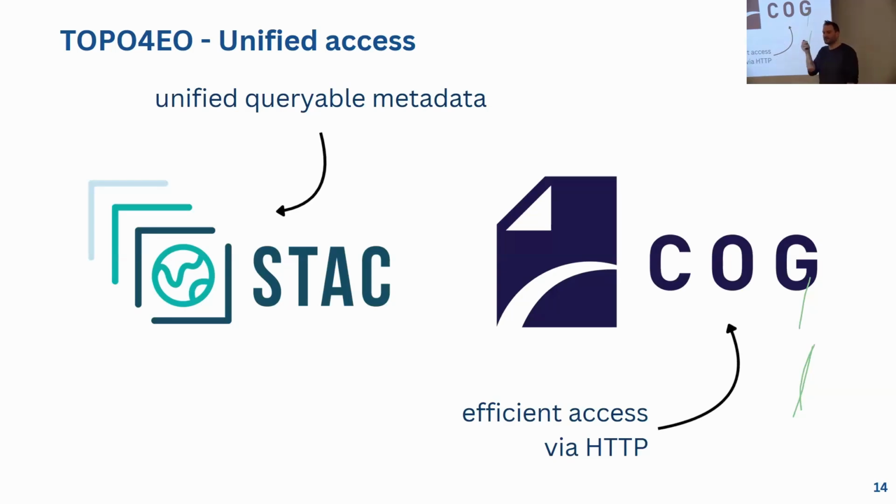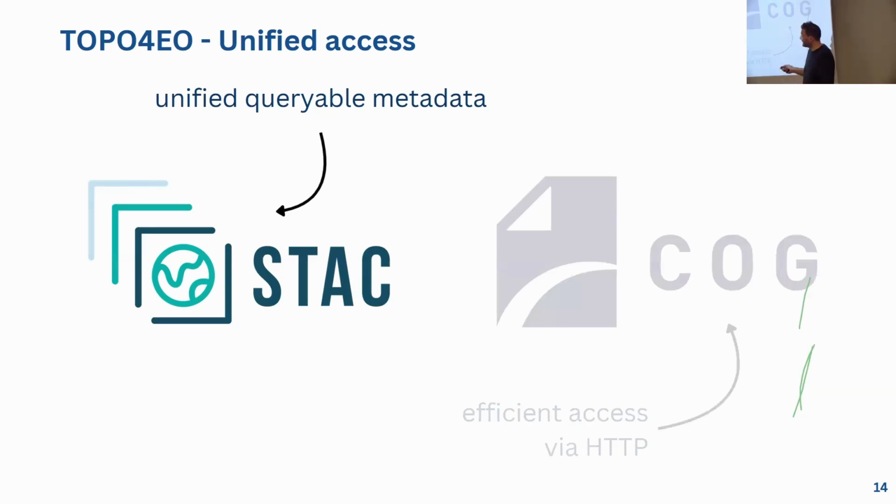So this can be point clouds, this can be vector datasets. It should be a common format underlying everything, and it's a very simple and very efficient way of representing the metadata, making it searchable, and through that making the underlying data accessible.